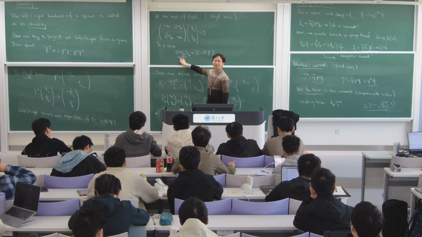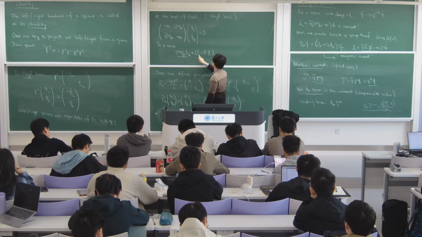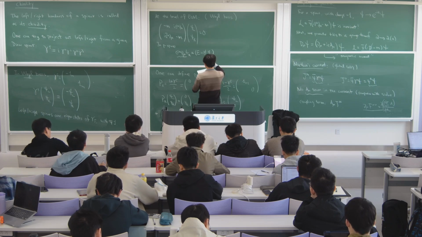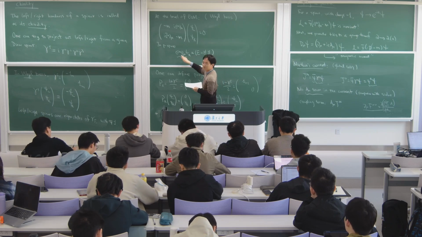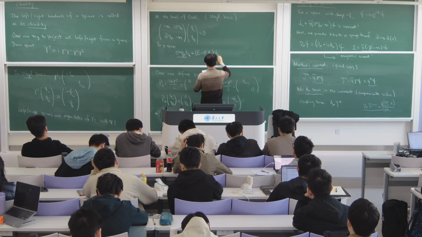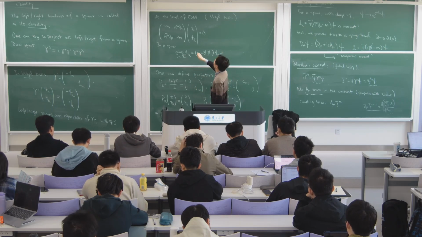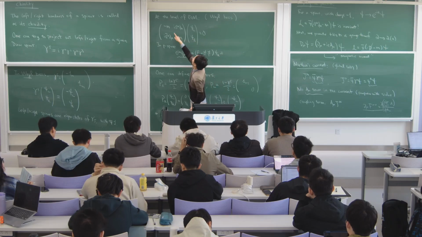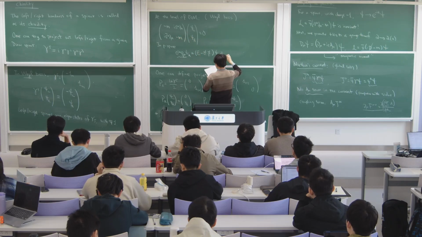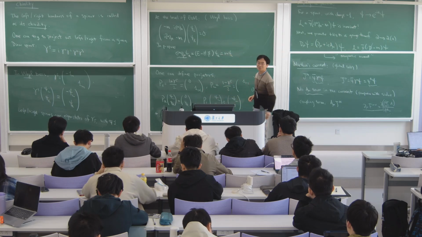I write this mu index explicitly: the energy, the true momentum dotted with the sigma vector, the Pauli matrix vector, acting on the psi r. And this is given by, this is the first equation, right? Given by the mass times the left component.